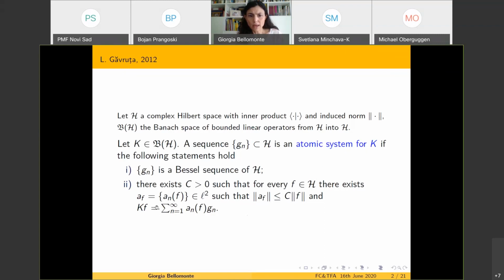So she can reconstruct the whole range of a bounded operator by means of vectors g sub n.